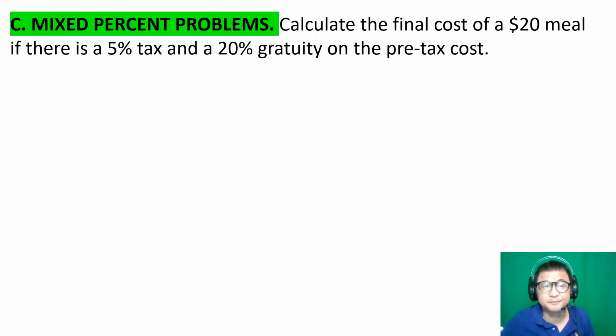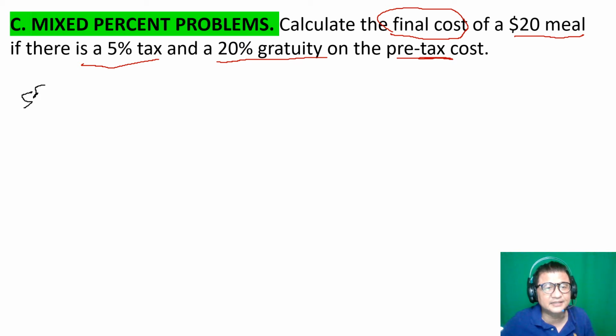So the next type of problem is a mixed percent problem. Okay, so calculate the final cost of a $20 meal with a 5% tax and 20% gratuity on the pre-tax. Okay, let's start with the 5% tax. Tax is additional, right? So I can think of that as 105%, because of the 100%. 105% times the $20.